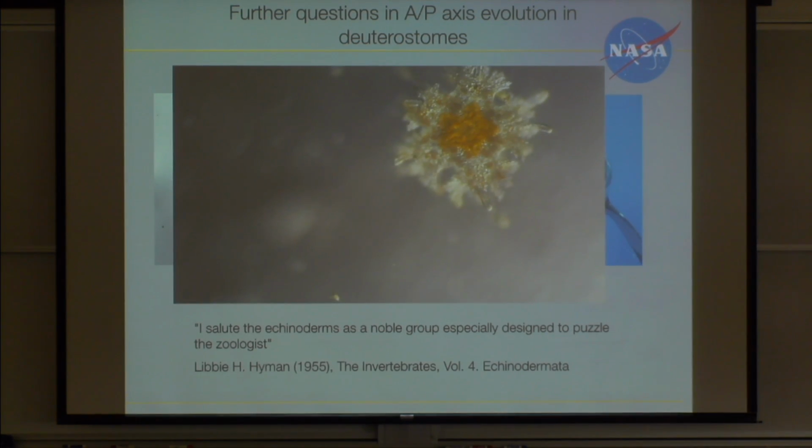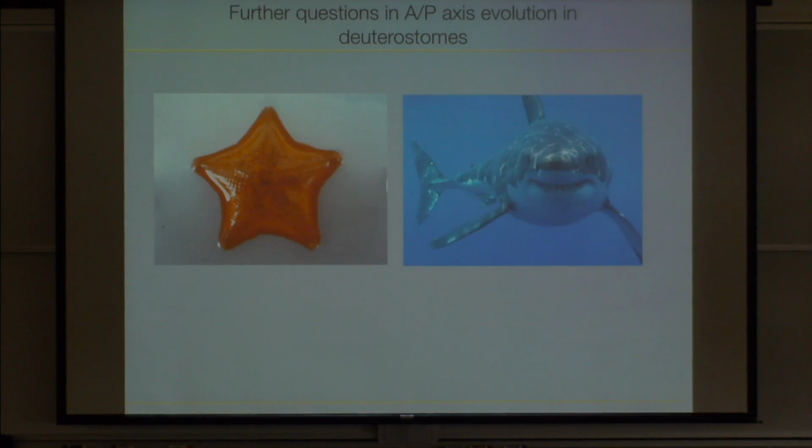Over the years, there's been a whole range of different hypotheses about echinoderms. If you think of a starfish here, many people have argued that the mouth to anus axis is the ancestral axis, and that each of the rays of a starfish is more analogous to a limb than to a primary axis, whereas other people have argued that each ray of a starfish replicates an axis that has been duplicated several times.